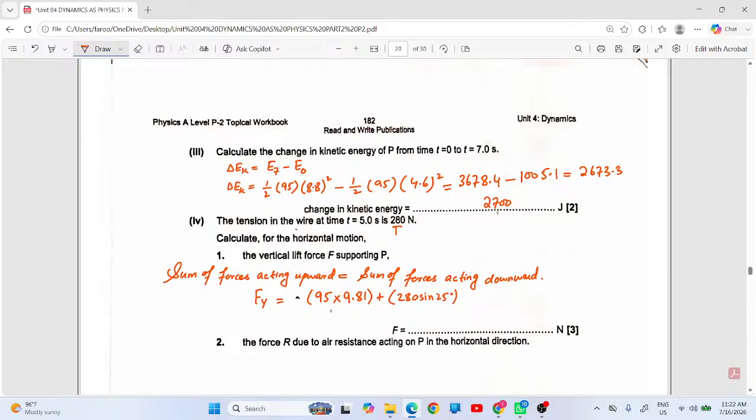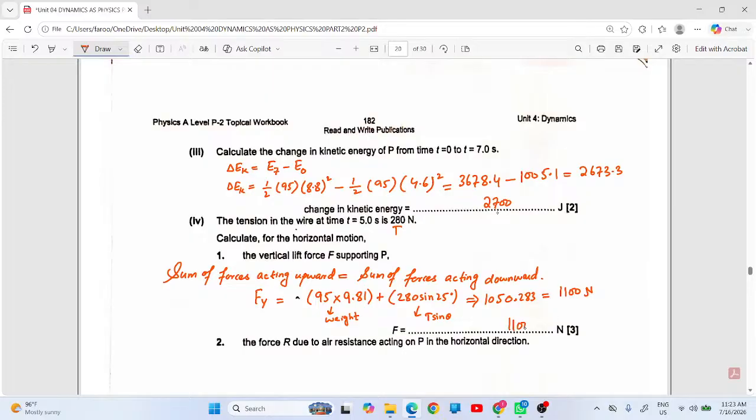Check the answer: 1050.28 plus about 118, so the final is about 1100.